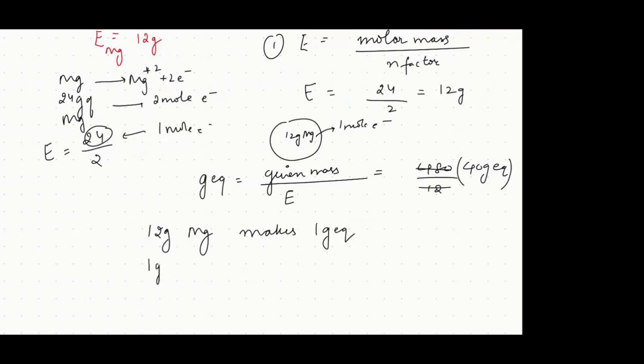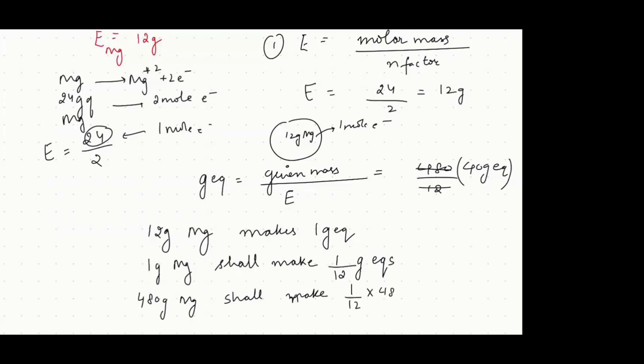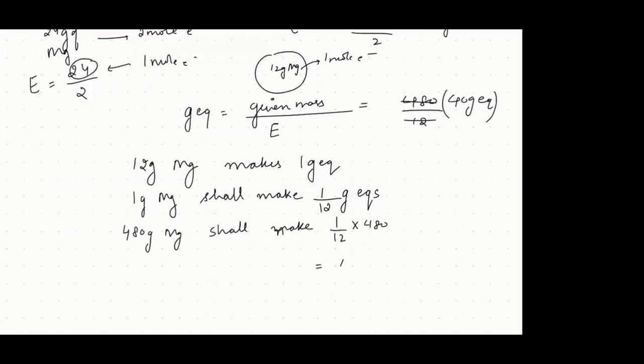So 1 gram of magnesium shall make 1 by 12 gram equivalents, and hence 480 grams of magnesium shall make 1 by 12 times 480, and that would be 40 gram equivalents.